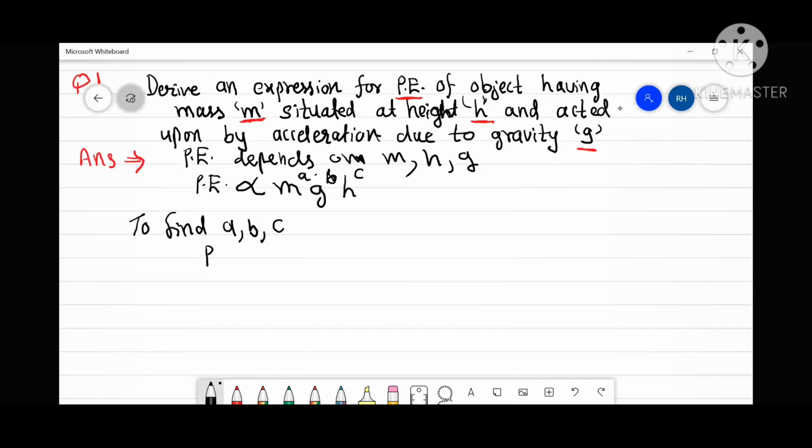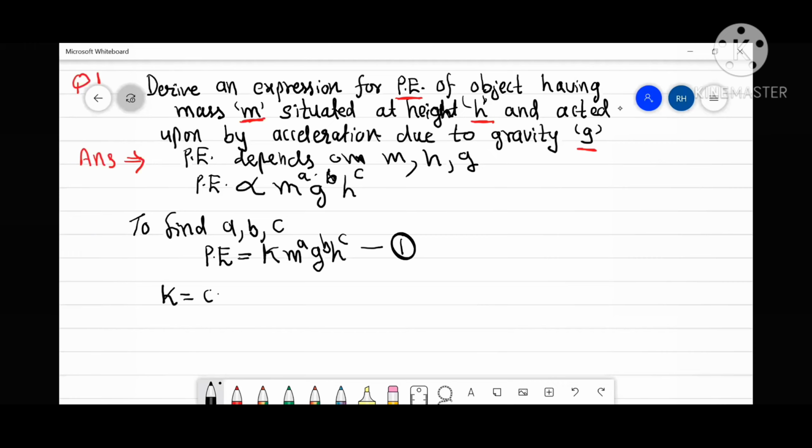Then we use the proportionality constant, that is, potential energy is equal to the proportionality constant k, m raised to a, g raised to b, and h raised to c. This is equation number 1. And what is that k?